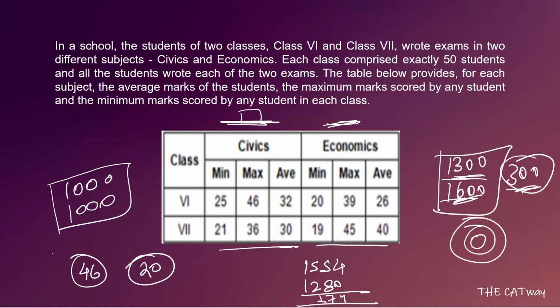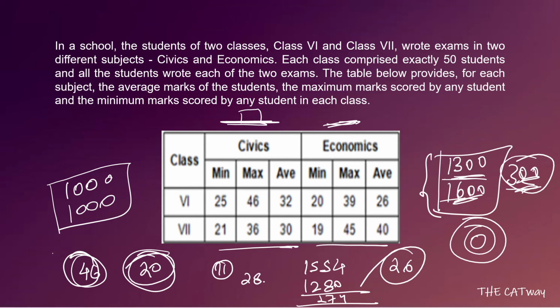So that means if one student gets 46 in civics and 20 in economics, then this gap decreases by a value of 26. And we have to decrease 300. So for decreasing 300, how many students do we need? See, 11 students are going to cover up to 286.